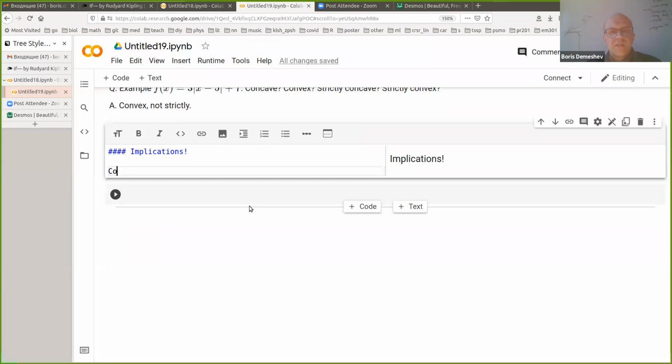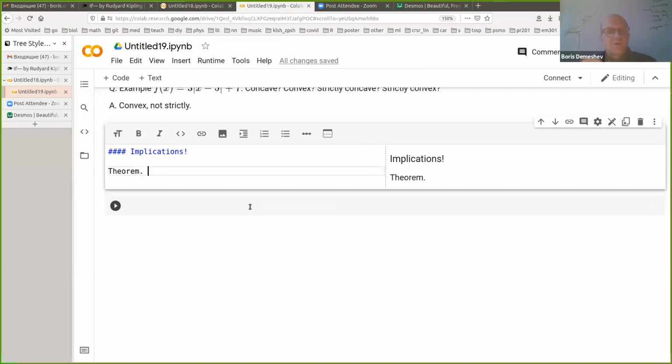I will state the theorem only for convex functions, but it's also true for concave functions. So if the function is convex on Rn, then it is continuous.